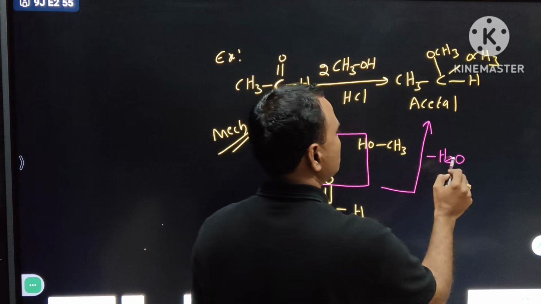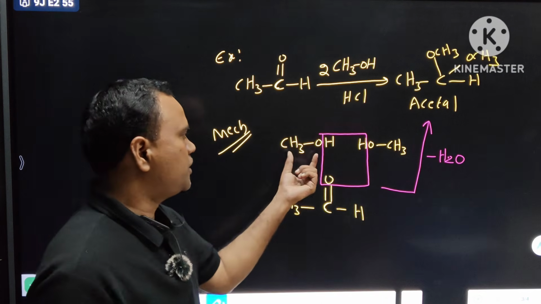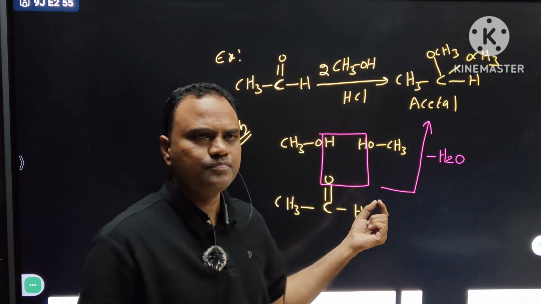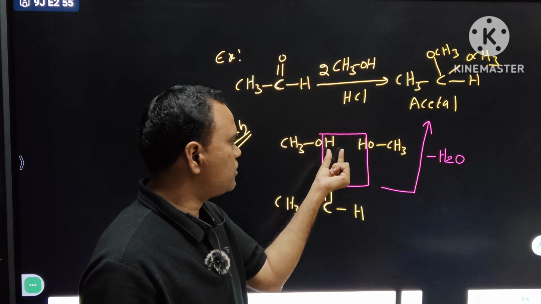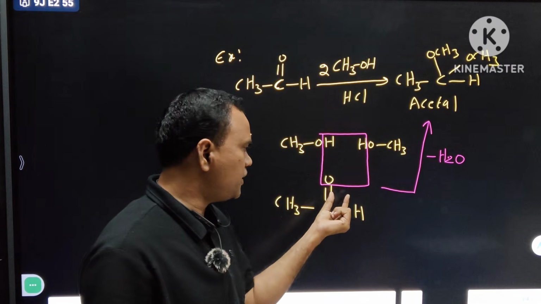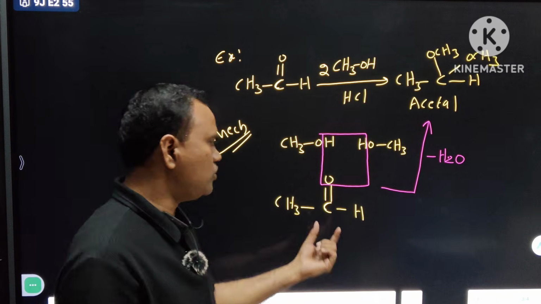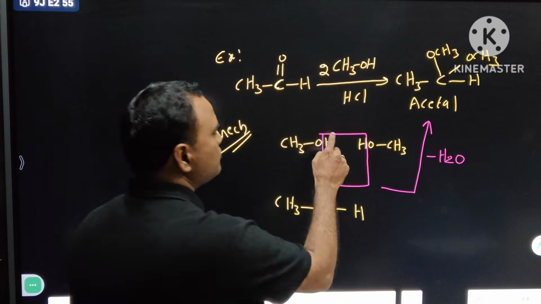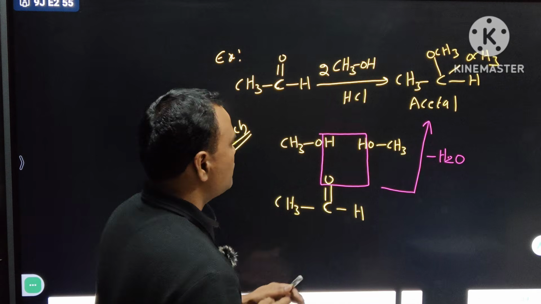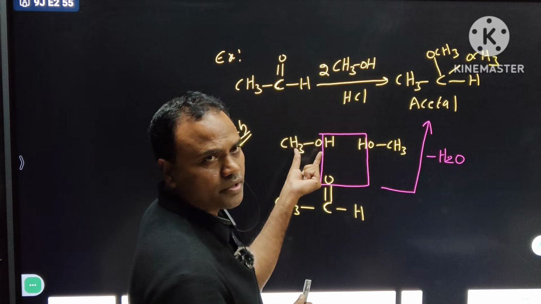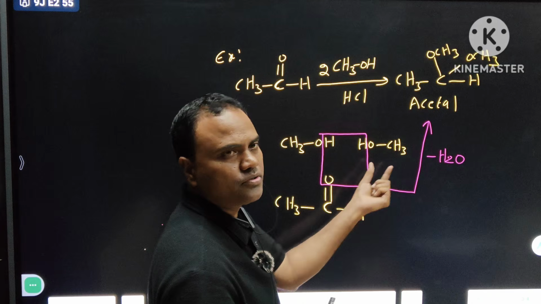Minus H2O. Clear? We are taking 2 alcohol molecules. We take 1 hydrogen from 1 alcohol, another hydrogen from another alcohol, and oxygen from the aldehyde or ketone, and we remove all these as H2O. So here CH3O remains, here also CH3O remains.